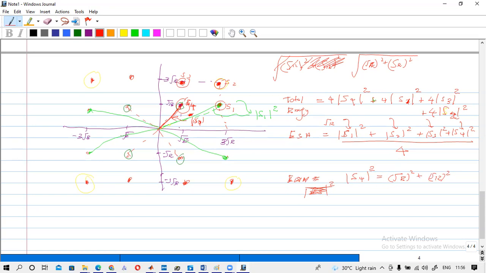If you wanted the magnitude of S4 you would take the square root, but you have to find the magnitude squared of S4, so we don't need the square root. I think it is 10E. It should be 10E. Let's check.